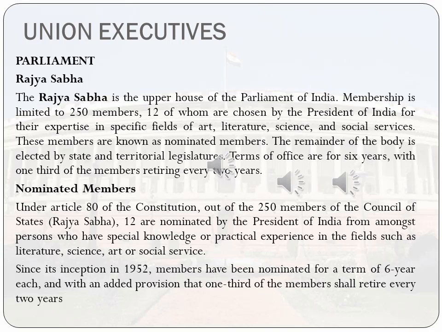The Rajya Sabha meets in continuous session, and unlike the lower house of the parliament, that is the Lok Sabha, it is not subject to dissolution. The Rajya Sabha shares its legislative power with the Lok Sabha, except in the area of supply where Lok Sabha has the overriding power.